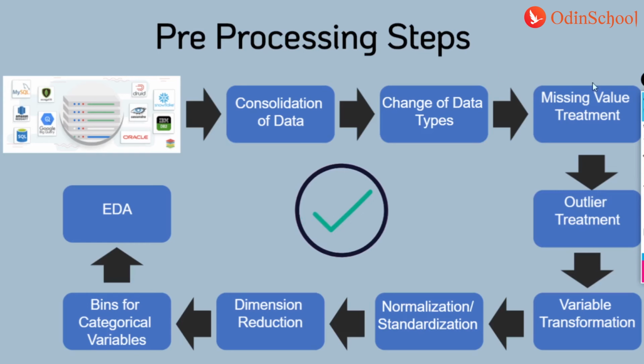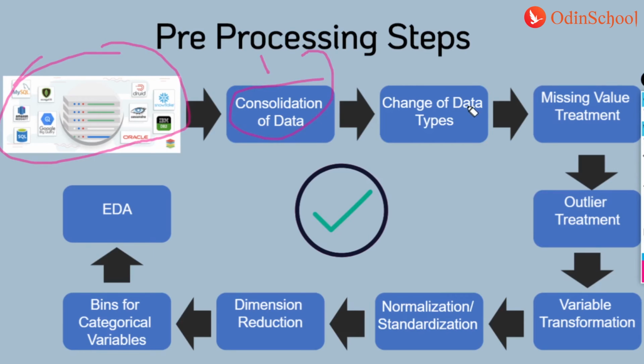As I told you, data can come in from any kind of data source, be it MySQL, Redshift, SQL, Oracle, IBM DB, Druid, Cassandra, MongoDB. It can come from any of these data sources. The first job is to consolidate this data, where you create one flat file or the least number of flat files.